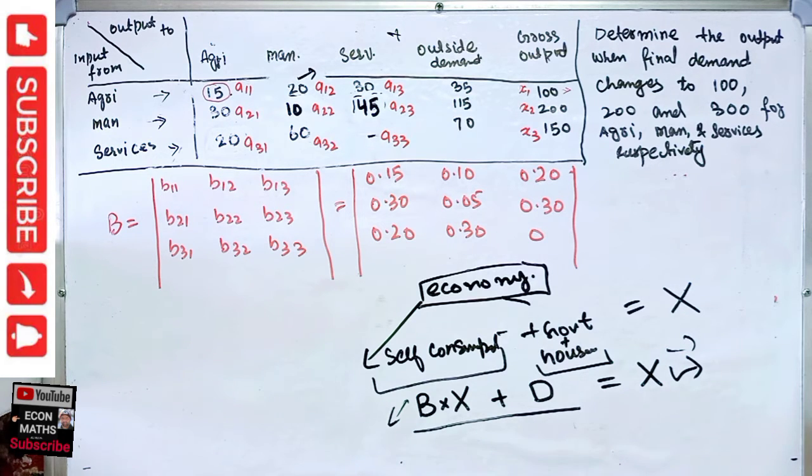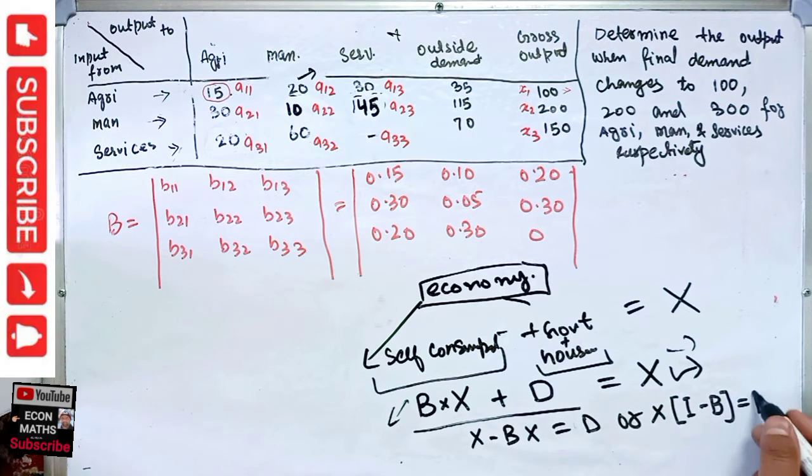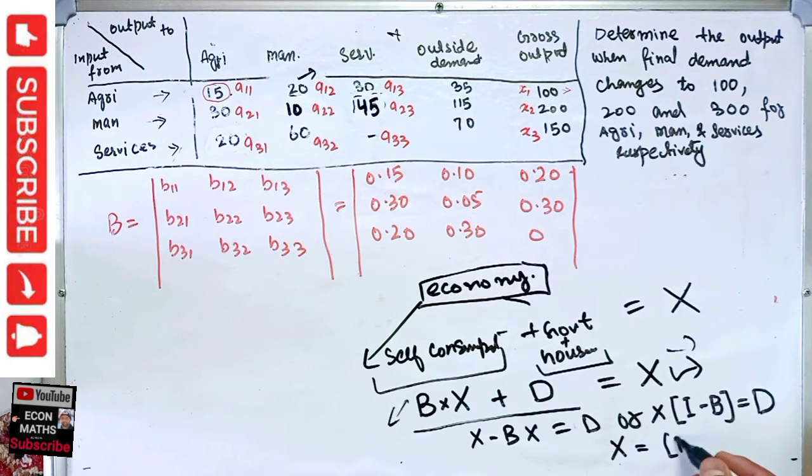So we can write x minus bx is equal to d, or if we take x common, we get I minus b times x is equal to d, or x is equal to I minus b inverse d.